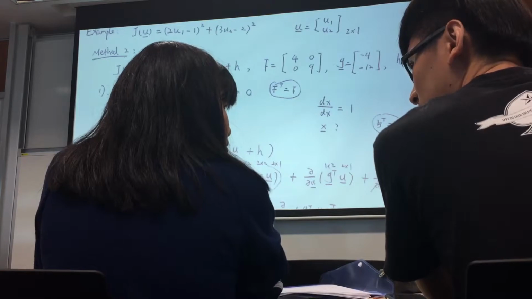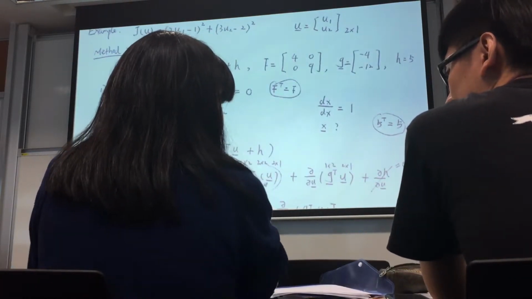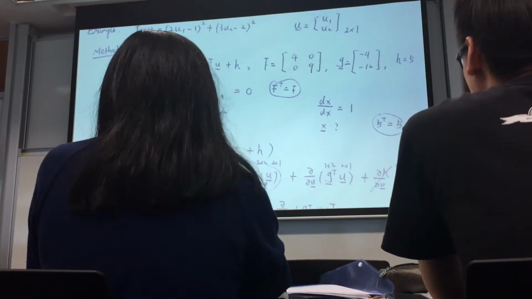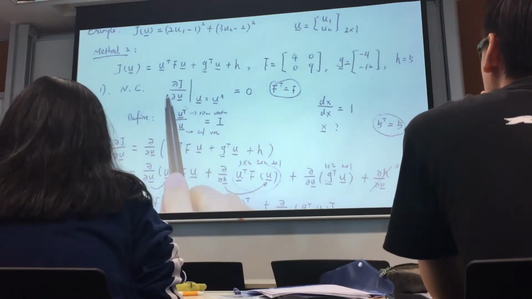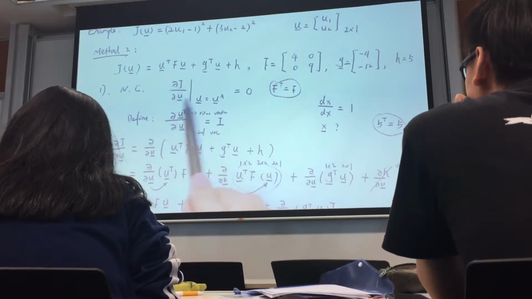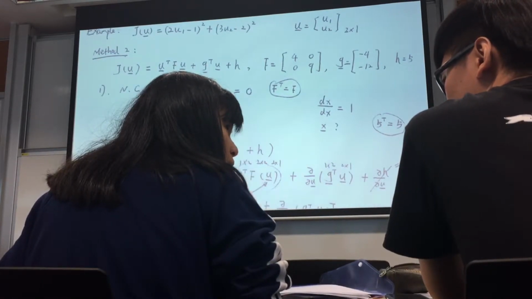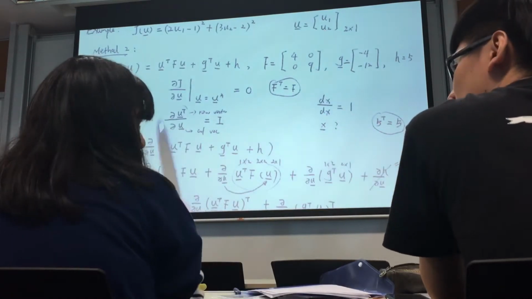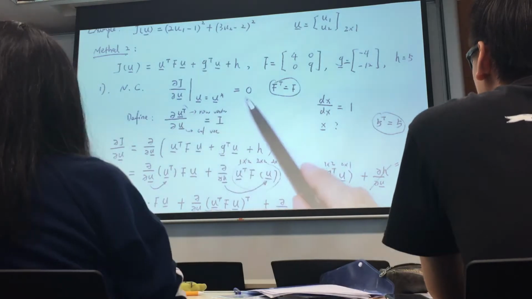If the control input u is n-dimensional, you need to evaluate the derivative of J with respect to u. So we get n equations equal to 0, with n unknowns, and you can determine these n unknowns by solving these equations.